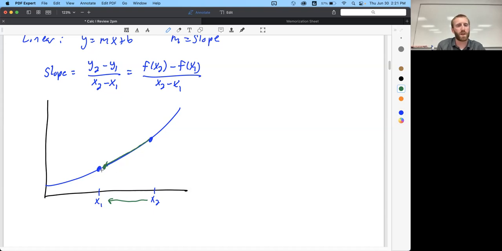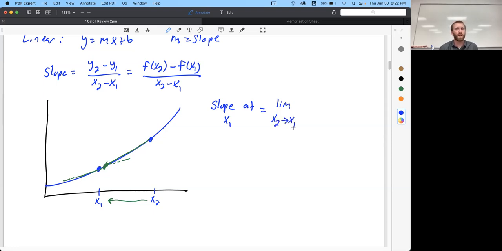And then I can basically do y2 minus y1 over x2 minus x1 to connect these with a straight line. Okay, so we don't want them to be the same point because then we divide by 0. We want them to be infinitely close. And so the way that we can write that is that the slope at x1 is going to be the limit as x2 approaches x1.